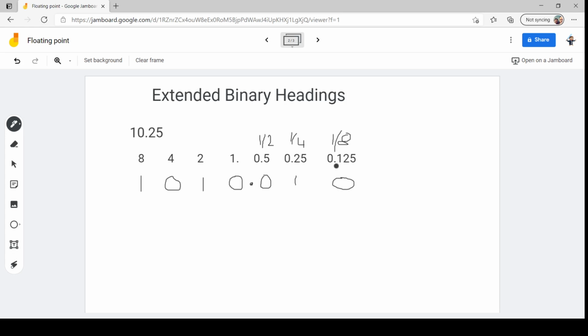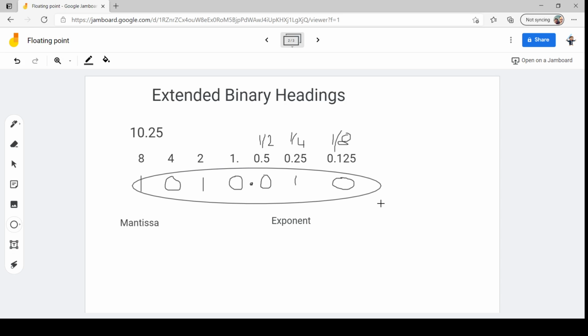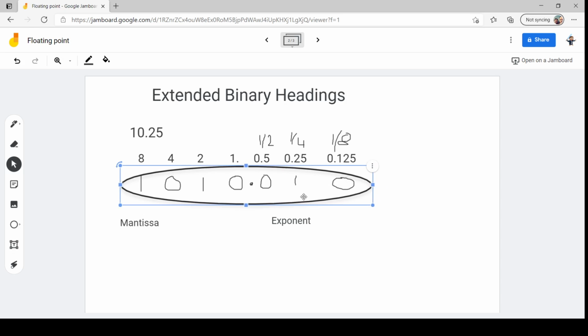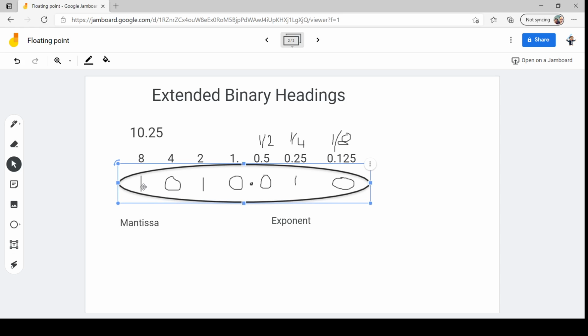Now we're going to continue to convert this into a floating point number, and we're going to get the mantissa and the exponent. So I'm going to put my wee headings, mantissa here, and another heading for exponent. The way in which we turn this number into a floating point number is we move the decimal point, like I said before, from there to the front of the number.